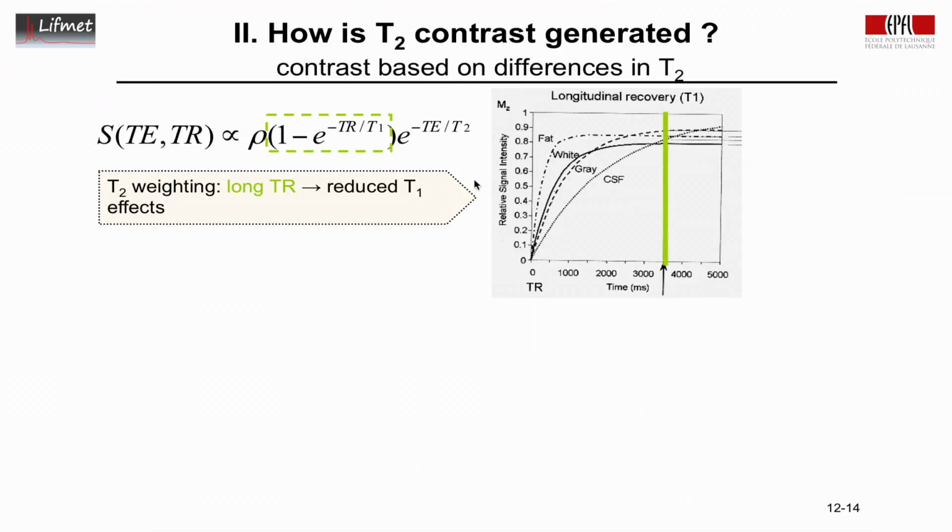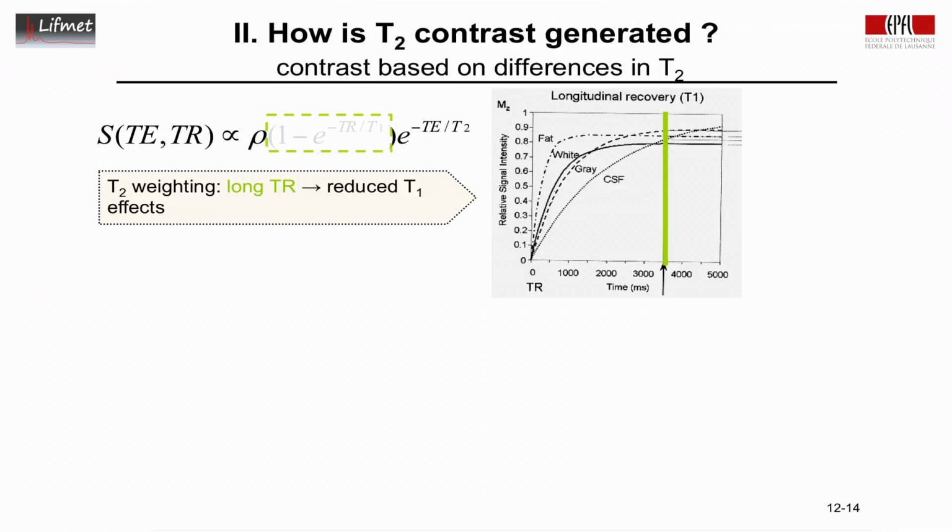We are interested in exploiting just the effect of T2. And so again here at 3.5 seconds, we have a fairly long TR to minimize the effect of T1. And let's say this is sufficiently long that we are not measuring the influence of different T1s. And so we can neglect this term for the following.